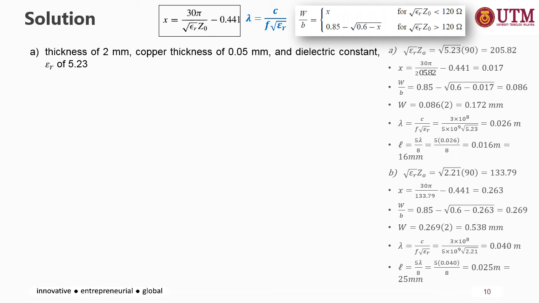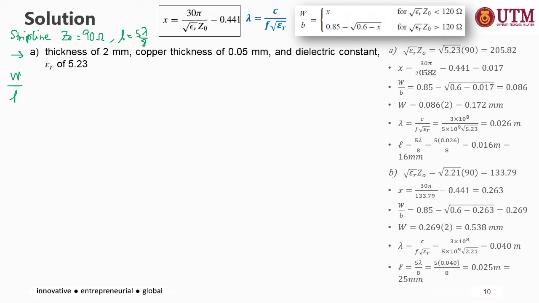Okay, let's try this out. The given question just now has the strip line with Z0 equal to 90 ohm and the length given as 5 lambda over 8. You need to calculate the width and the length if the substrate used has these properties. To get the W and also the length, refer to the related equation.